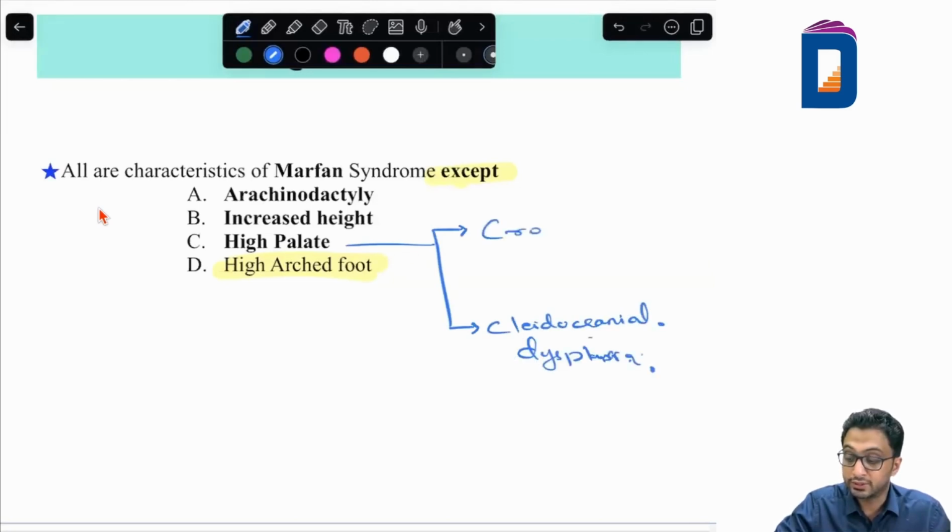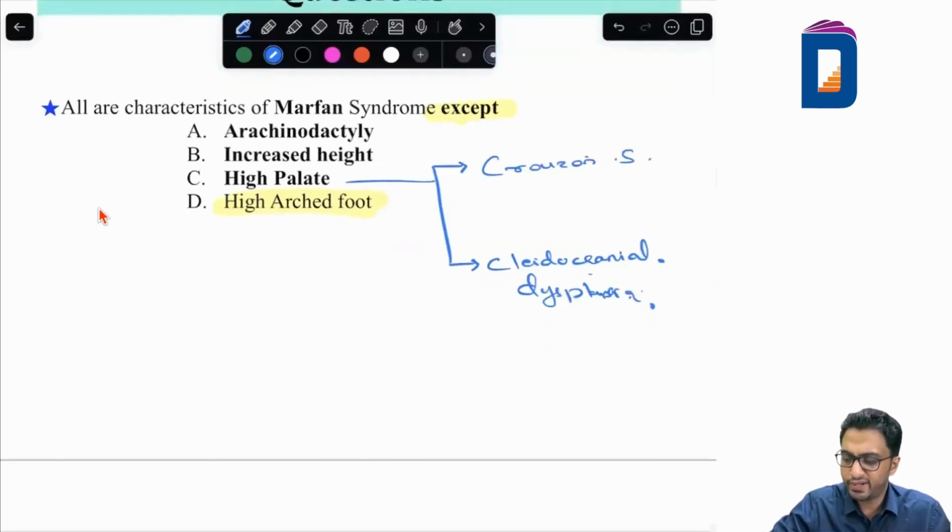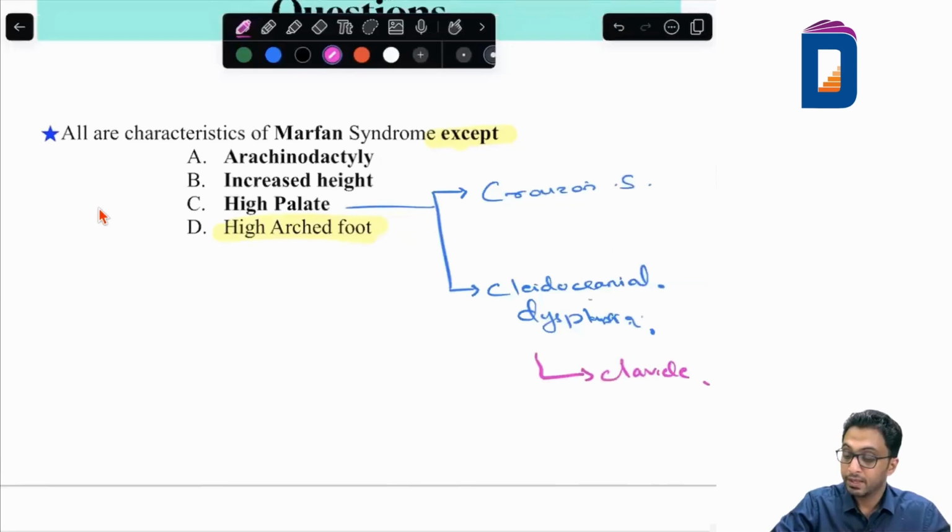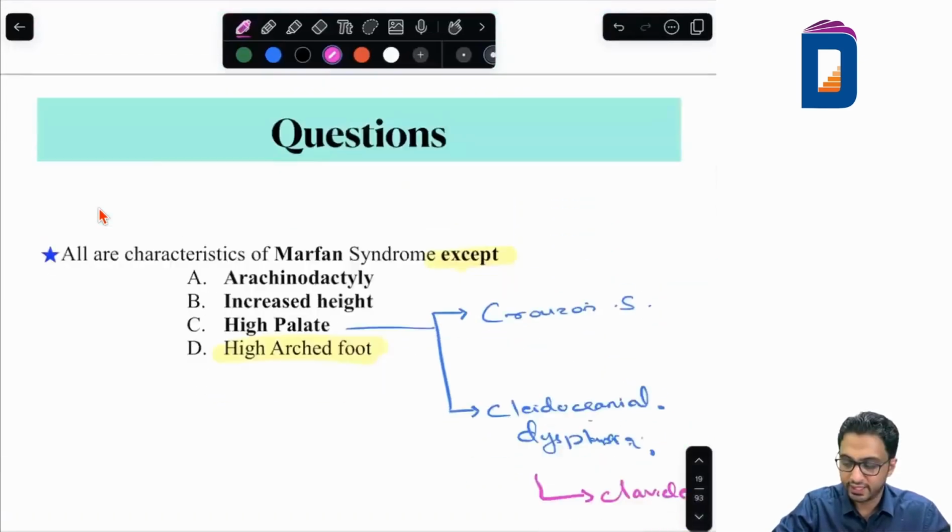One more is Crouzon syndrome. In both of these you have high arched palate. One very typical lesion associated with cleidocranial dysplasia is absence of a particular bone, and they can bring their shoulders closer. What is that bone missing? Exactly, clavicle. Just to connect, high arched palate.